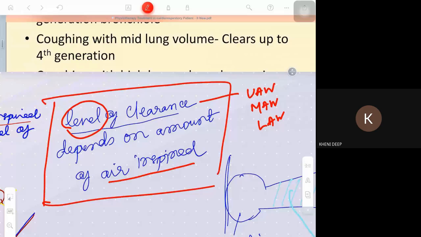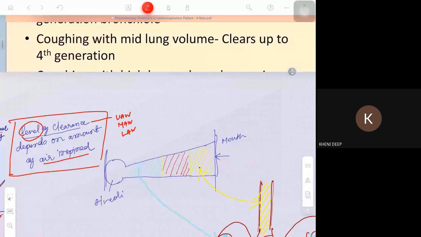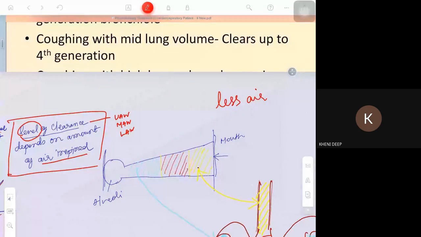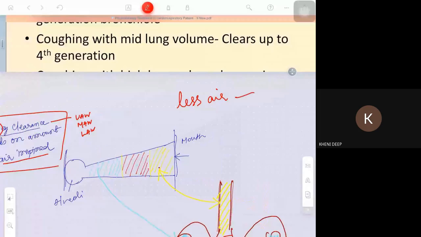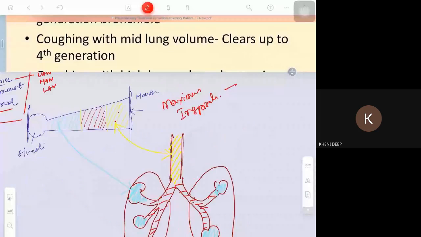During the first phase, that is inspiratory phase, if you take less volume of air, then it will clear one area. If you take more air or maximum inspiration, it will clear another. I give the number: this is 1, this is 2 and this is 3. Clear?